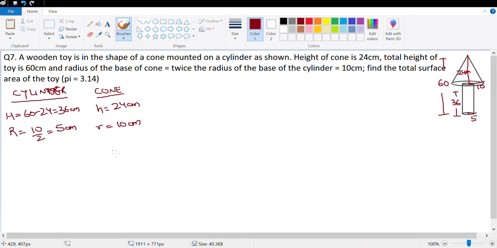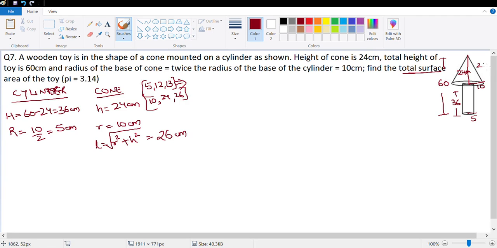Let's calculate the slant height because we need to find the total surface area. So slant height would be equal to root of r square plus h square. We know 10, 24 and 26 are Pythagorean triplets. So this will be 26 centimeter. This is nothing but the same Pythagorean triplet as 5, 12 and 13, just multiplied with 2. So the slant height is 26.